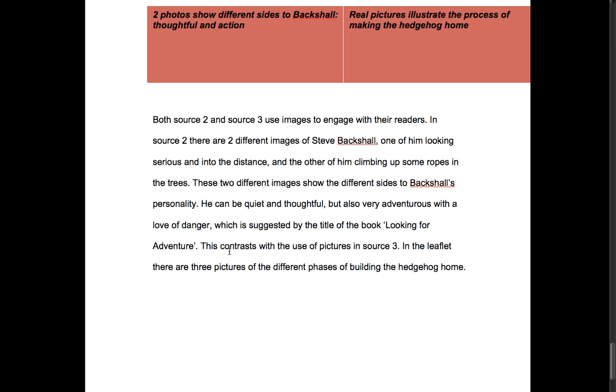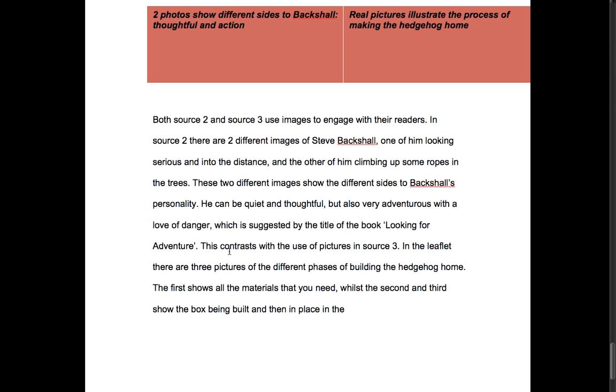Maybe just need to give an example of those different phases. The first shows all the materials that you need, whilst the second and third show the box being built and then in place in the garden or wherever.